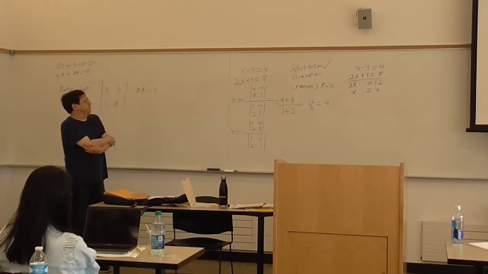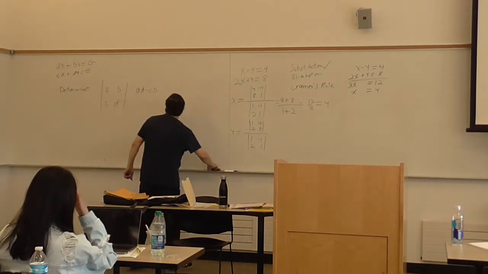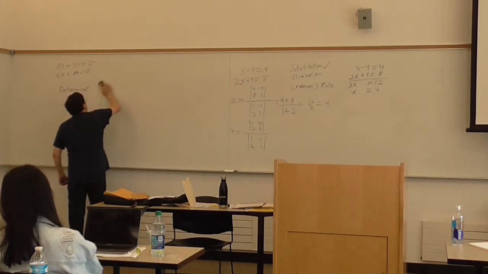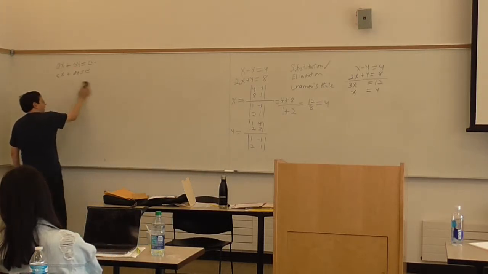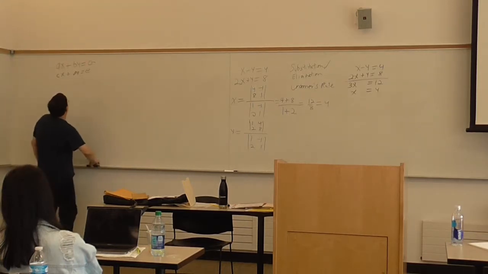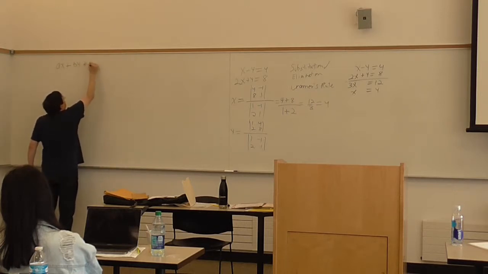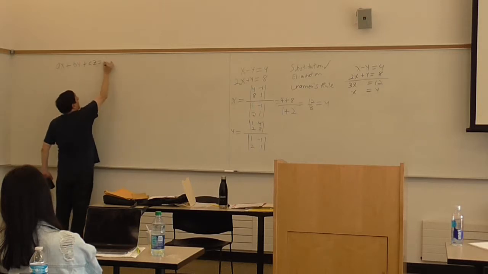Now, let me tell you 2 really good things about Cramer's rule. Well, I only have one good thing, and I have a story. Let's say I wasn't dealing with ax plus by, I was dealing with ax plus by plus cz equals e.